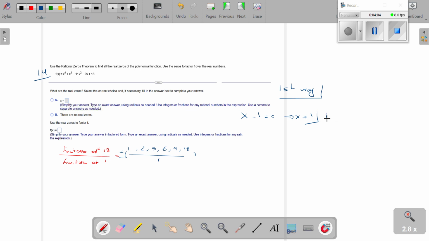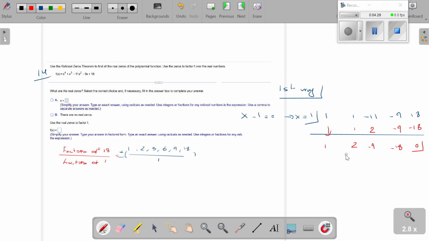So list the coefficients 1, 1, negative 11, negative 9, and 18. Bring the 1 down. 1 times 1 is 1. 2 times 1 plus negative 11 times 1 plus negative 9 times 1 plus 18 is 0.